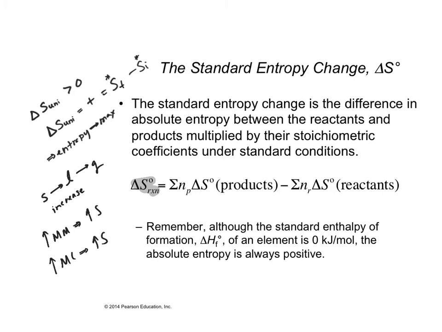So to calculate this change in entropy for any reaction, all we have to do is sum the standard molar entropies of our products, multiplied by their stoichiometric coefficients, and subtract from that the sum of the standard molar entropies of our reactants multiplied by their stoichiometric coefficients.